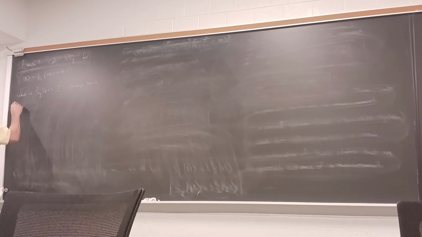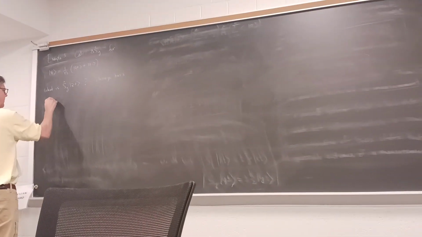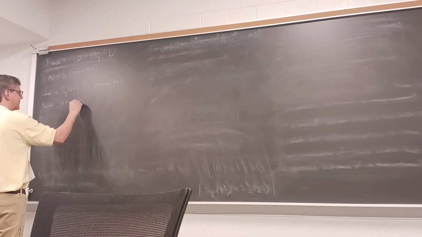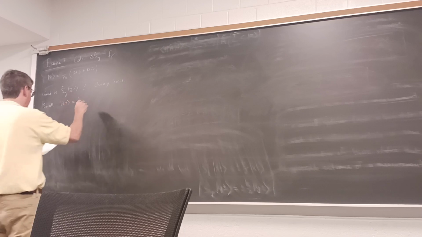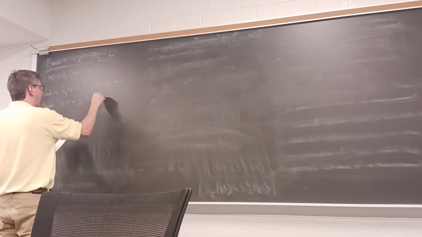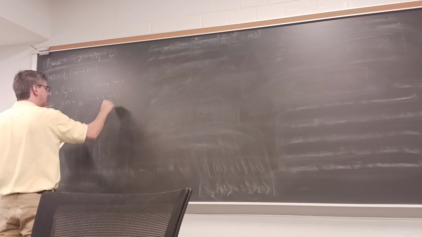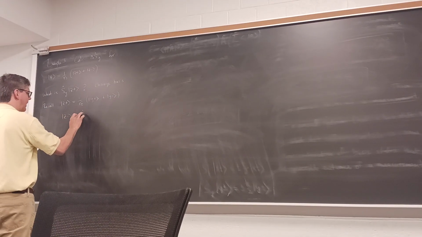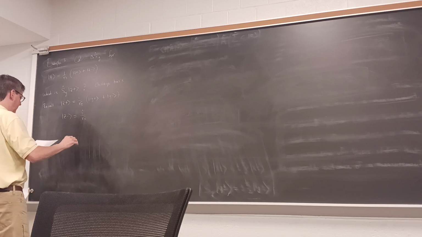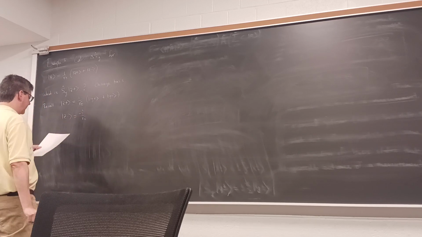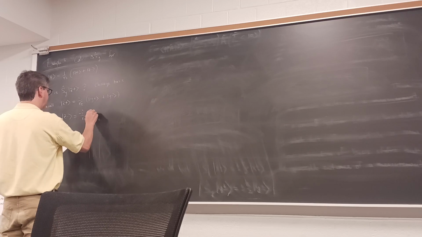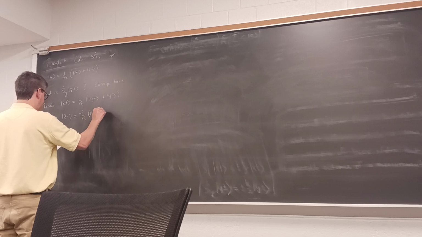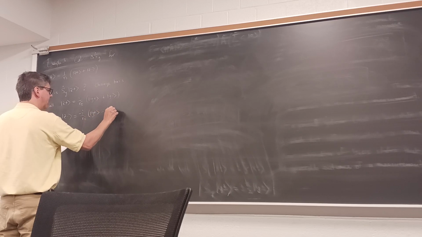So remember that Z plus was 1 over root 2 of Y plus plus Y minus. And Z minus was an overall minus i over root 2 of Y plus minus Y minus.